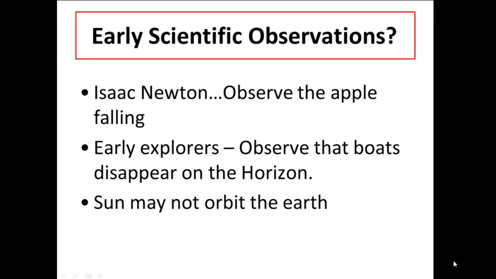We asked this question, does the sun really orbit the earth as the early people actually thought, or does the earth orbit the sun? And so we see these thoughts going on. It might not always be, I observe this. It also might just be asking a question too. So the sun may not orbit the earth. And once you lay that train of thought down, you have to have a systematic process to test it out, to see if it is true.